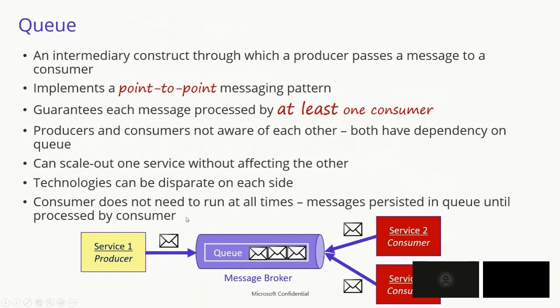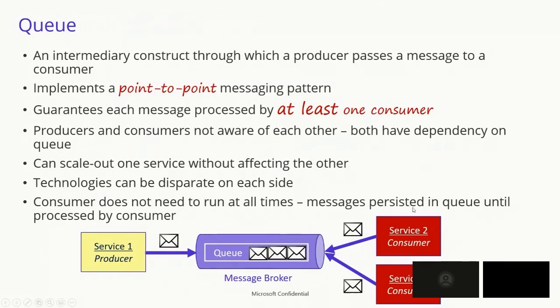Here we guarantee that each message is processed by at least one consumer. So even if service 1 pushes the message into the message broker, if service 2 is not working, that's okay, because the queue maintains that message until one of the services pulls it out and successfully processes it. So we're not going to lose that message.